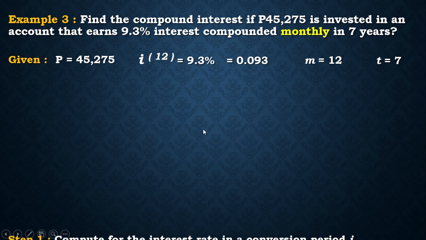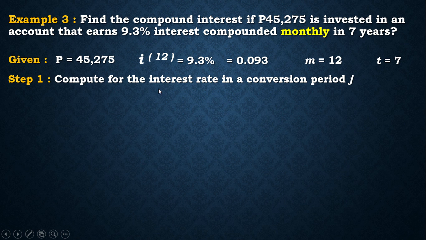Let's take step 1. Compute for the interest rate in a conversion period J. So, yung J muna ang lagi natin i-compute. So, ano nga bang formula sa pagkuha ng J? J is equal to the nominal rate divided by the frequency of conversion, or I raised to M divided by M. Ano nga ba yung M natin? 12.